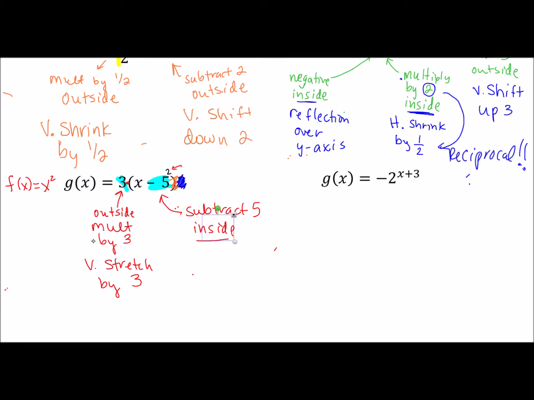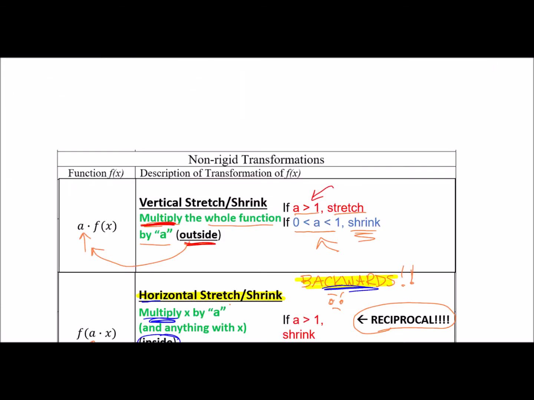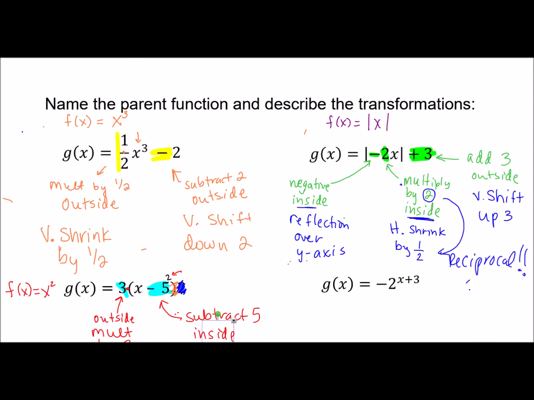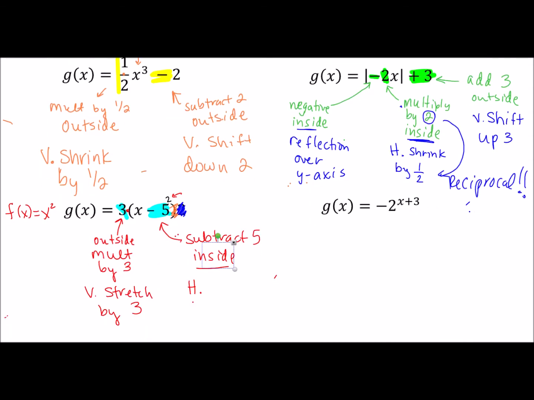It's inside, which means it's some kind of horizontal change, and everything is always backwards. So going back to our reference, we are subtracting inside, which means it's a horizontal shift right. So we subtracted 5 inside, so it's a horizontal shift right 5.